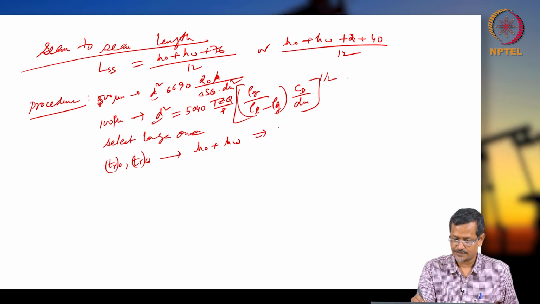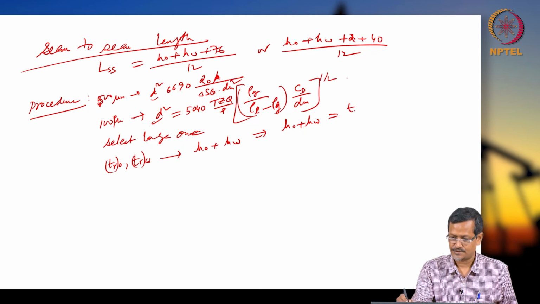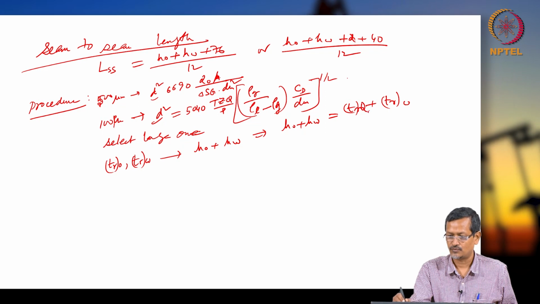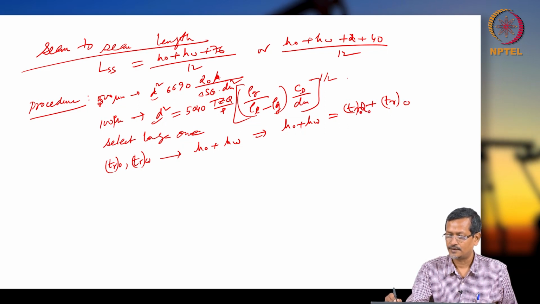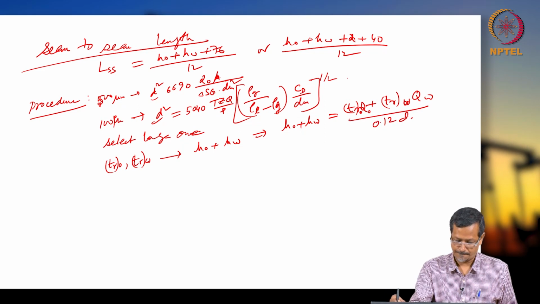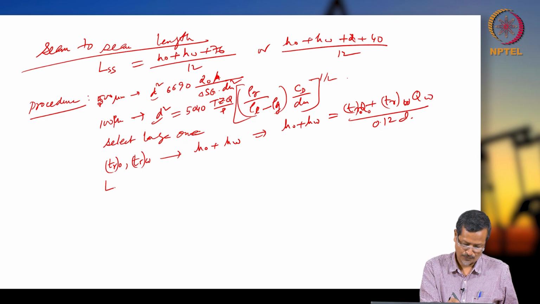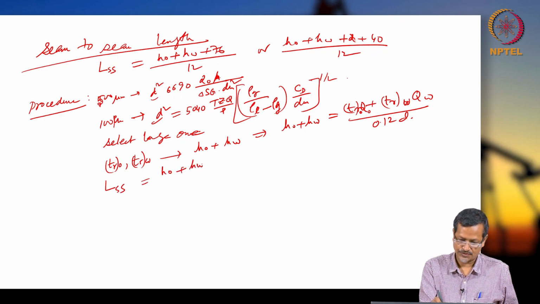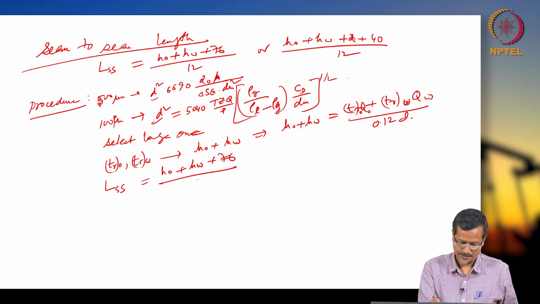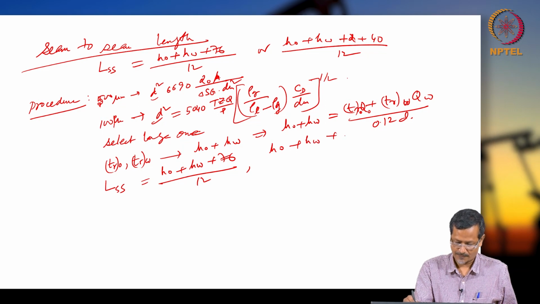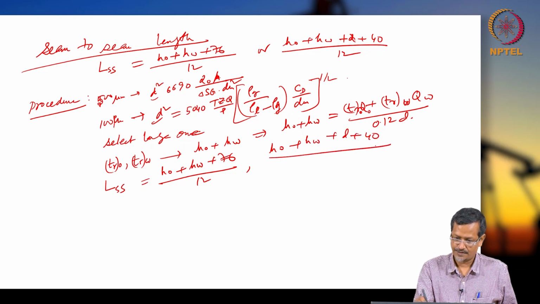The formula is already given: HO plus HW equals TRO QO plus TRW QW divided by 0.12 D. Now you calculate LSS: HO plus HW plus 76 by 12, or HO plus HW plus D plus 40 divided by 12.